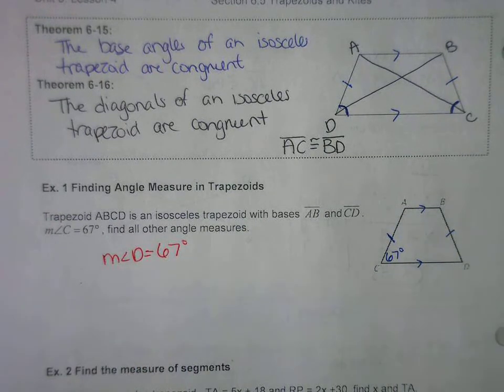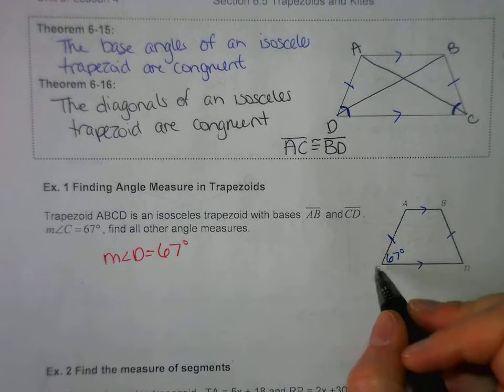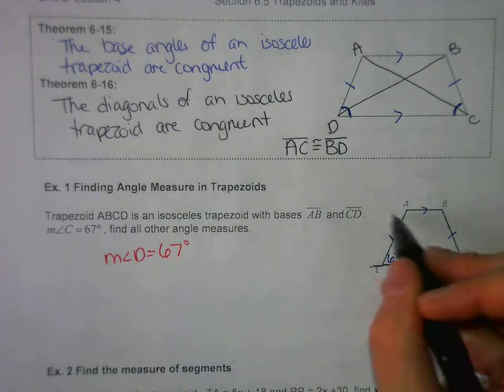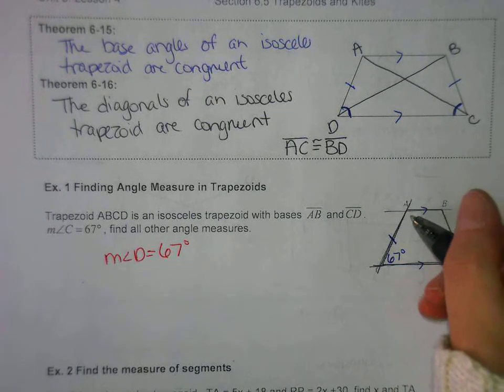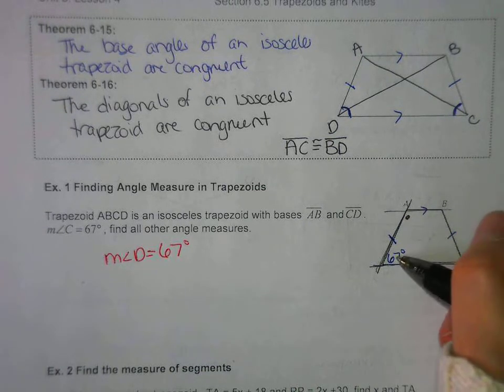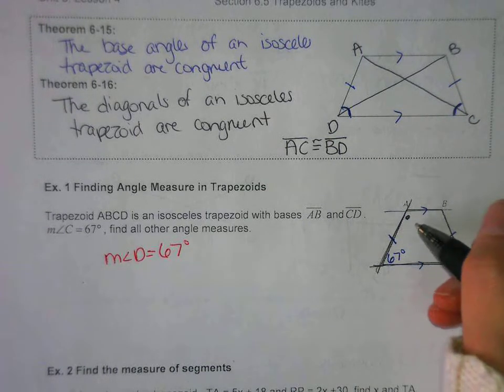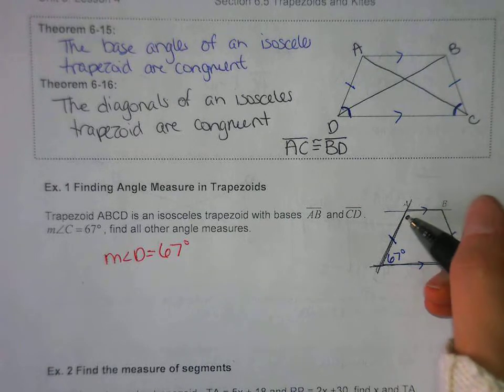But we also have to find the measure of angle A and the measure of angle B. If we take a look again, if these are our parallel sides, this is my transversal that cuts them. So that means to find the measure of angle A, 67 has to add together with this missing angle to be 180 degrees.